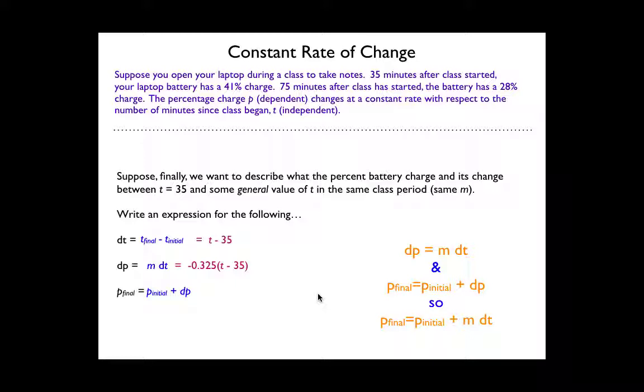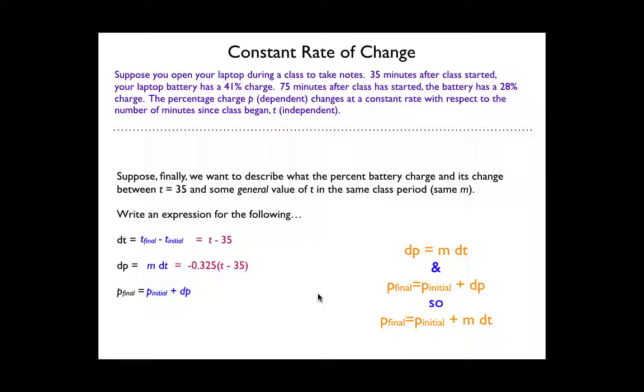But then, since we have this expression, although it's not a number right now, it's an expression in terms of any time t, that means I can write an expression for p final, final being not necessarily the end of class, but the end being at mystery time t, any time t that I choose, as long as it's in this class period with the same charge starting your battery, etc. I just need my initial value, the initial value of the percent battery charge, plus, or in this case minus, the amount of change that we had.